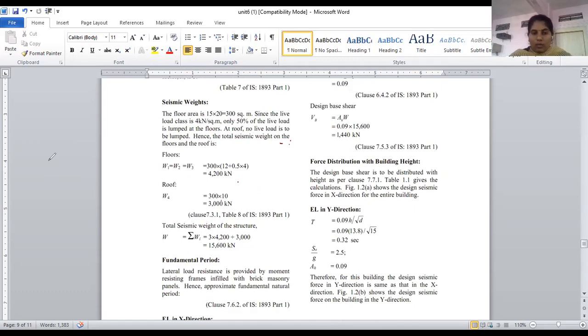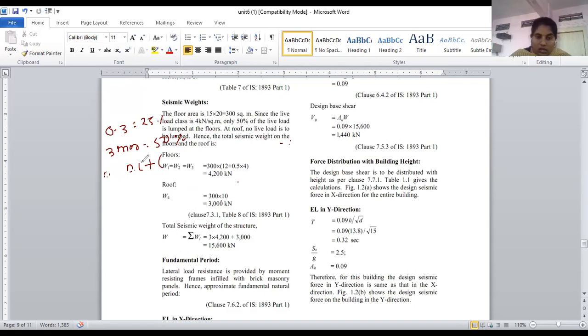As per the earlier problem, we first calculated the dead load of each floor, plus we add the imposed load. For the percentage of imposed load, if it is from 0 to 3, then we add only 20%. And if it is more than 3, then we add 50% of the imposed load. That is the condition from IS 1893.